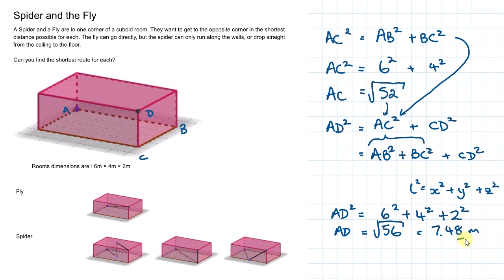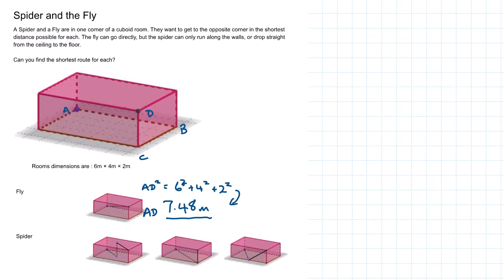The reason I've gone to 2 places is that's the distance in centimeters. Okay, so the fly, corner to corner, does 7.48 meters. And we did that by AD squared equals 6 squared plus 4 squared plus 2 squared. And that gives us AD, the diagonal distance across. That's the first one.